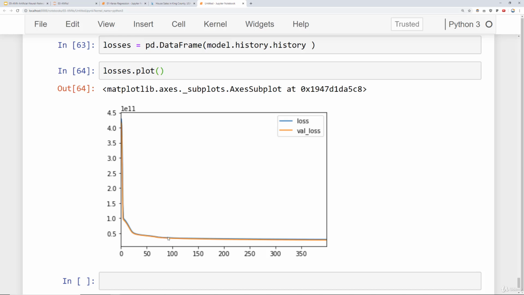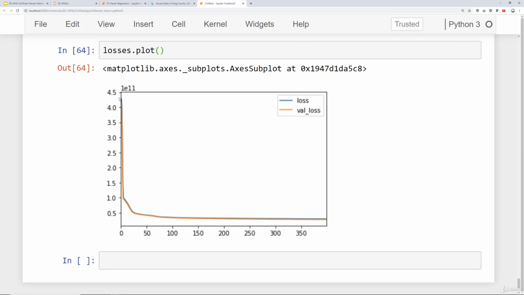If you saw this orange line begin to spike after some of these epochs, so it started to go up and up and up, that means you're overfitting to the training data because now you have a much larger loss on your validation data. Later on in the lectures, we'll see an example of that, which will allow us to implement what's known as early stopping. In this case, this is pretty much the perfect behavior you want to see. You want to see training loss and validation loss go down and then continue down together, so there's no overfitting occurring here.